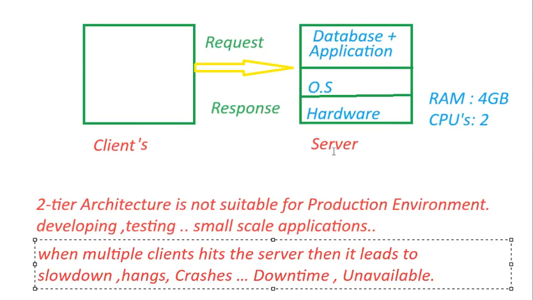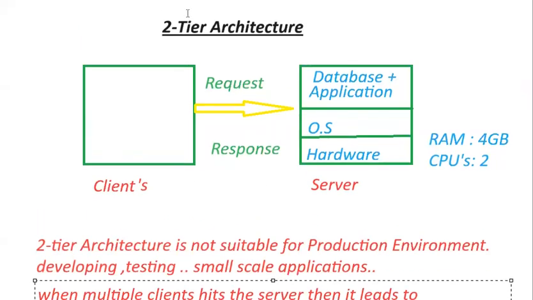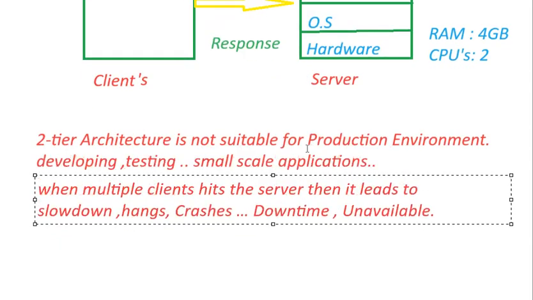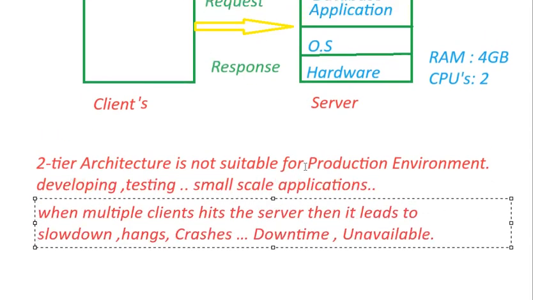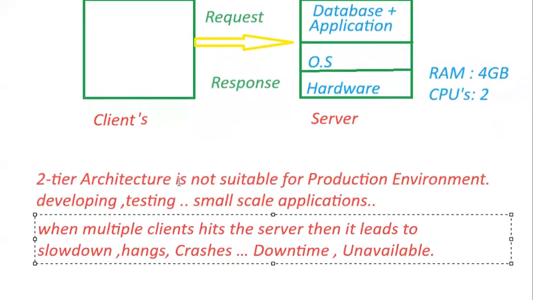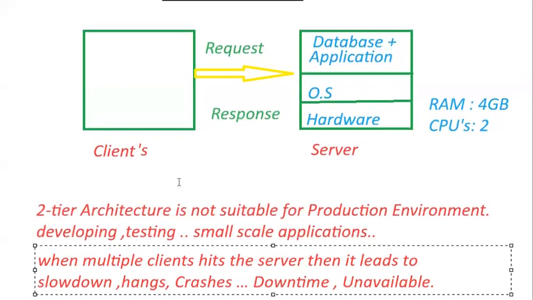Since there are two layers, that is client and server, we say this is a two-tier architecture. Even though it has two layers, both database and application are present in the same machine. So that's why it is not supporting me for production environment. We can use this for developing as well as testing of small-scale applications.